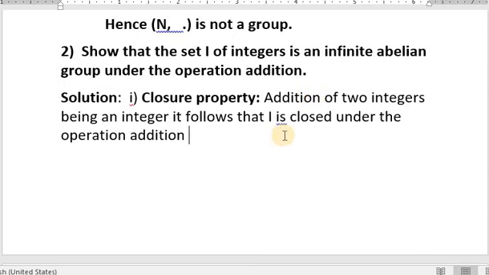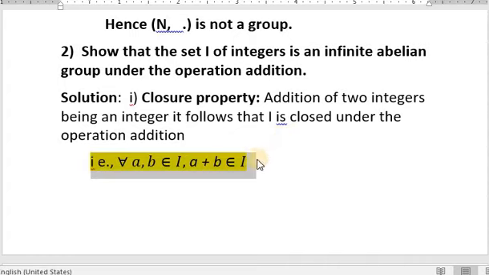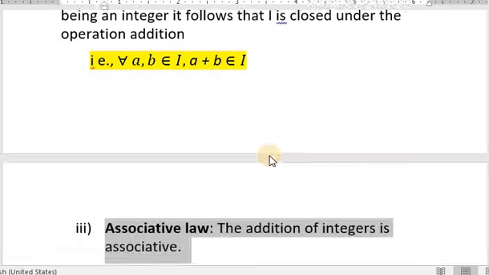Therefore, I is closed under the operation addition. That is, for all a, b belonging to I, a plus b belongs to I. See, if you take any 2 integers a and b, then their sum is also an integer. So the closure property is satisfied by I with respect to addition.